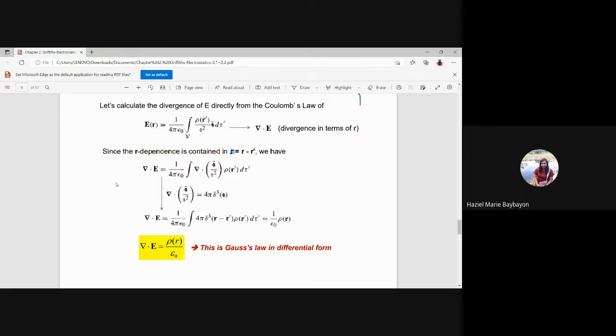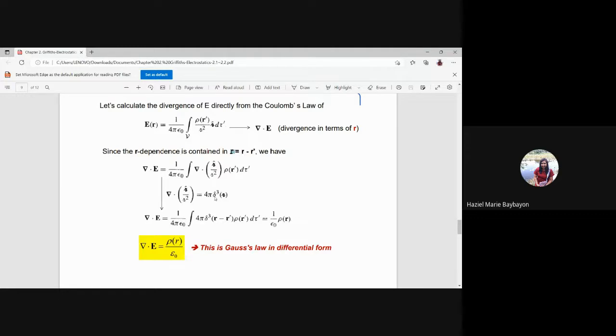So we have the divergence of E is equal to 1 over 4 pi integral of the divergence of, oh, this is familiar. This term is familiar. So r hat over r squared multiplied by rho d tau. Now we know from our previous discussions that the divergence of r hat over r squared is just equal to 4 pi times the three-dimensional Dirac delta function.